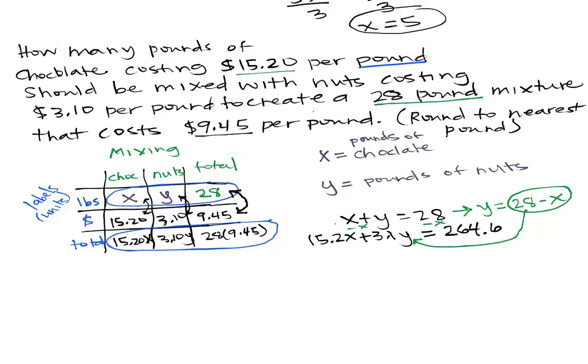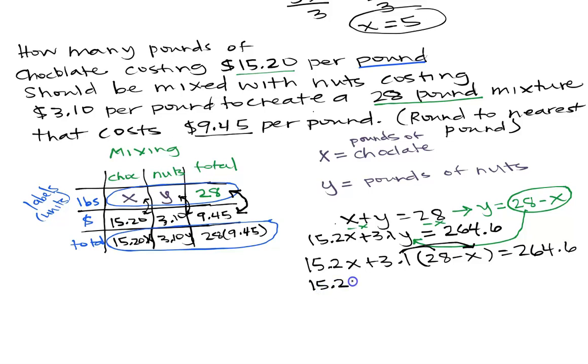So that's going to give me 15.2x plus 3.1 times 28 minus x equals 264.6. Okay, so now we need to distribute that 3.1 through.